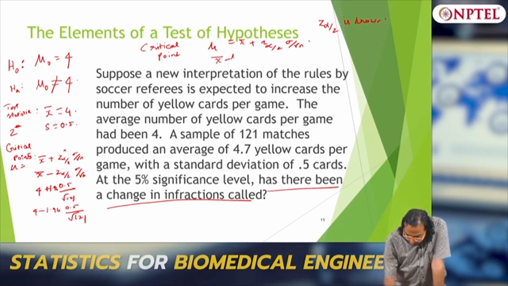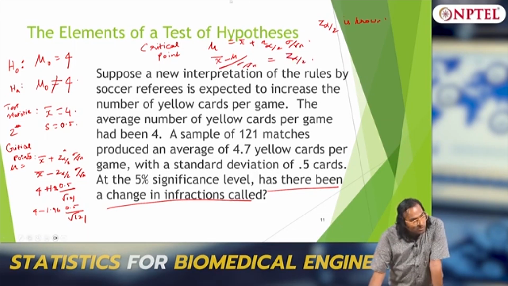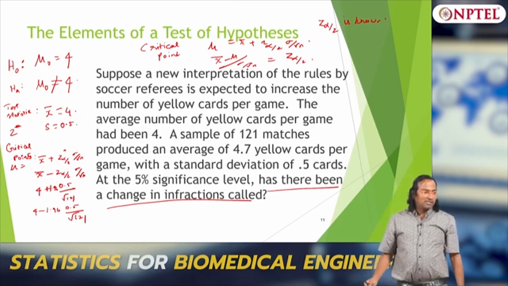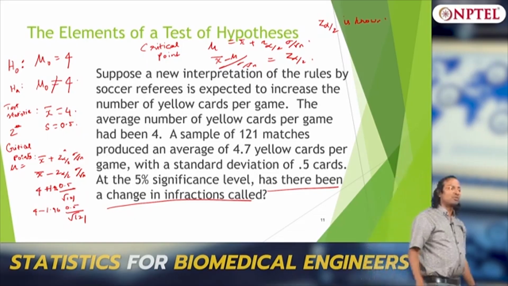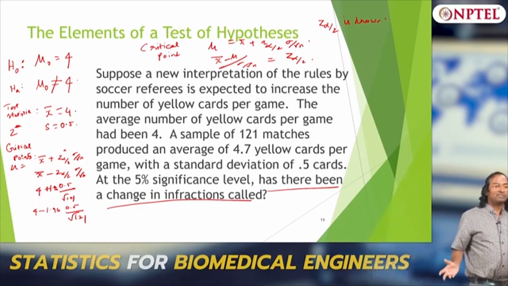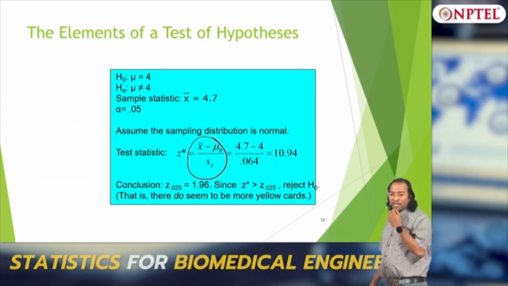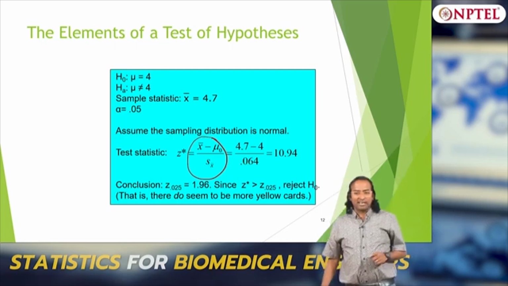X bar minus mu by sigma over root n should be less than or equal to Z alpha by 2 for acceptance and should be greater than or equal to Z alpha by 2 for rejection. Okay, very simple. So that is what we do here, we actually standardize x bar also.